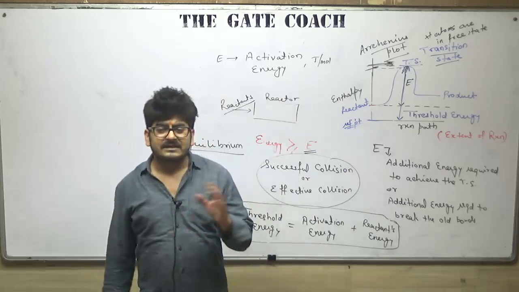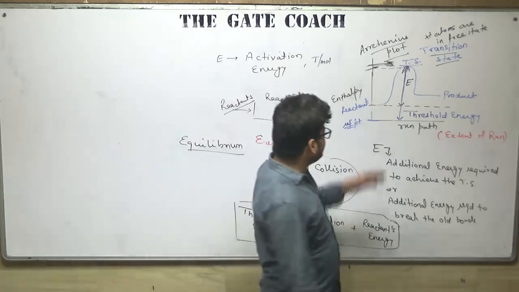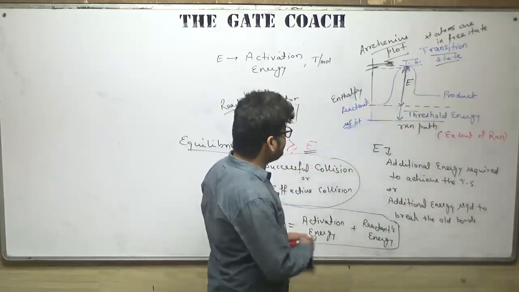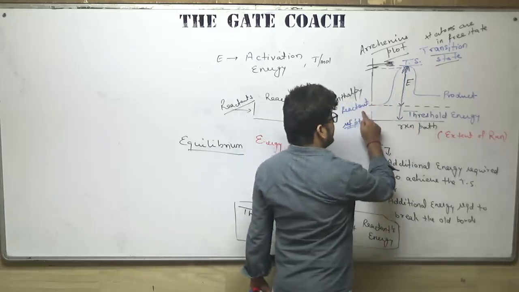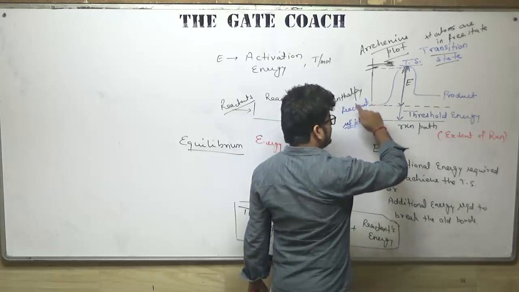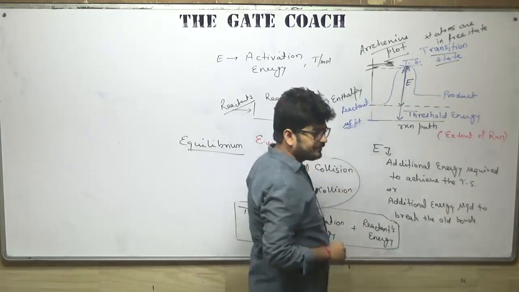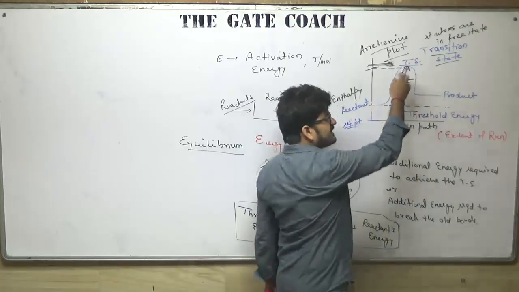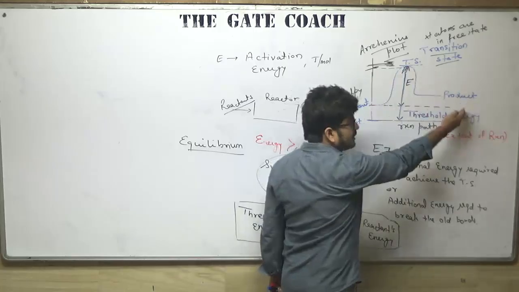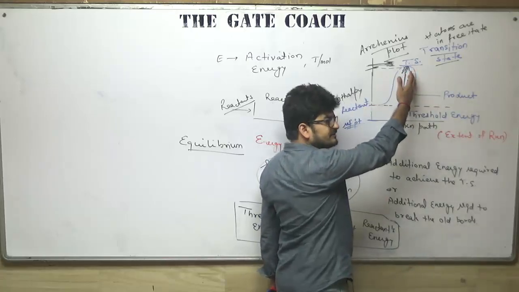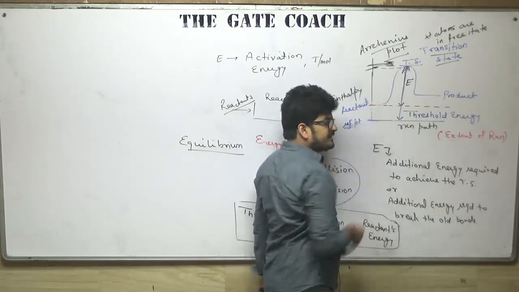The equilibrium is possible only and only between reactant and transition state. Why? Because if you see, reactant molecules are moving from reactant state to transition state. When atoms are in transition state, they can form the new bonds to move to the product side, and they can form the old bonds once again to move to the reactant side.